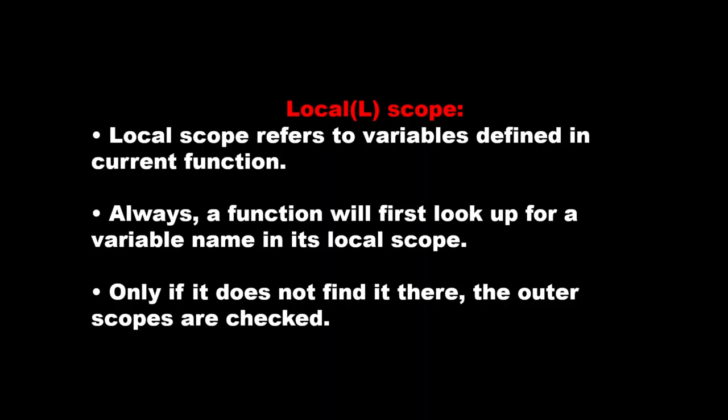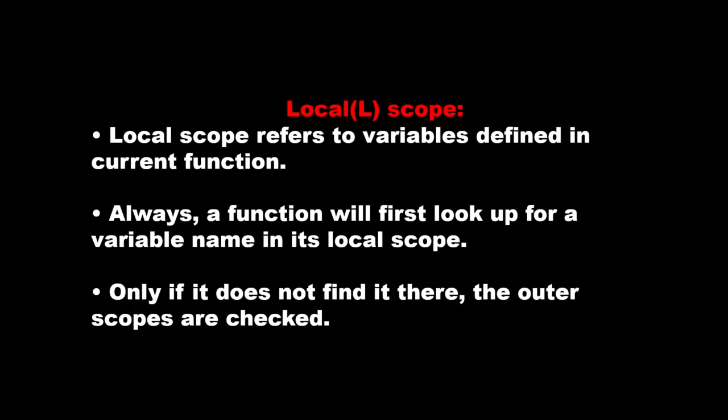Local scope refers to the variables defined in the current function. Always, a function will first look up a variable name in its local scope. Only if it does not find it there, the outer scopes are checked.